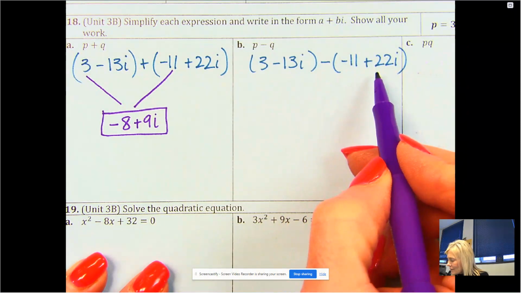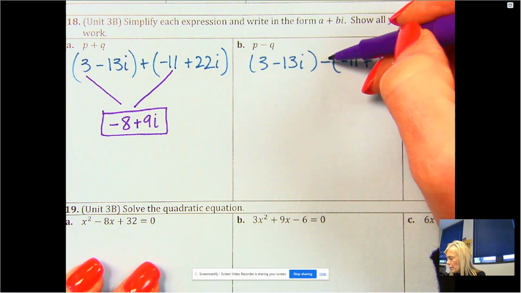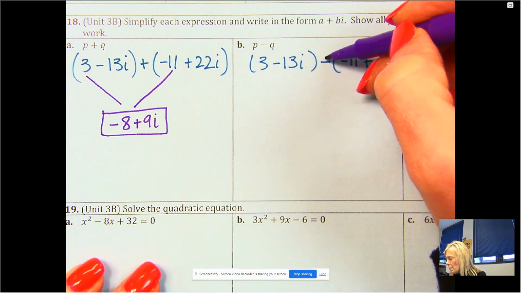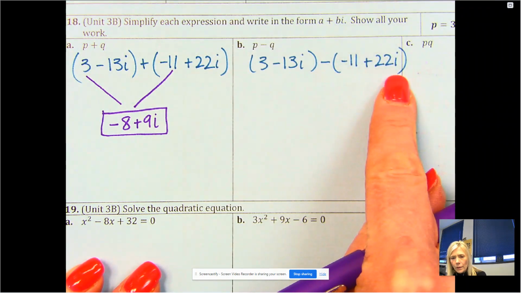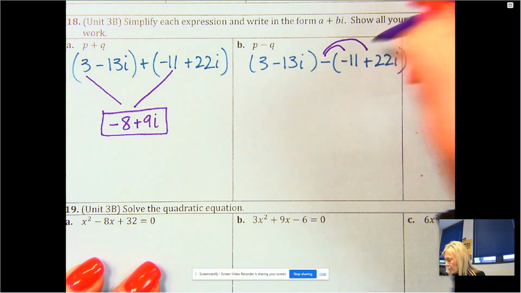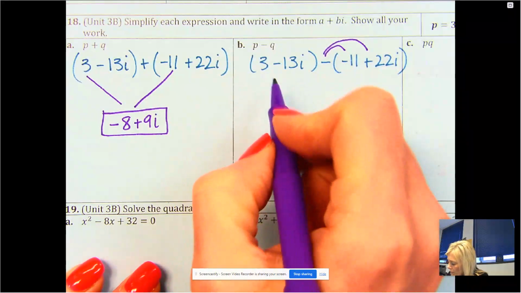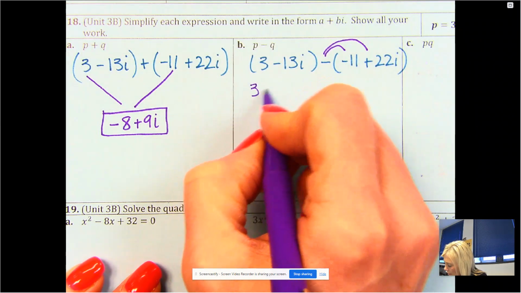Okay, next, we have to change this equation because of the minus in the middle. So the minus in the middle makes what comes after it, everything in the parentheses after it, has to change, okay? So the 3 minus 13i stays the same.